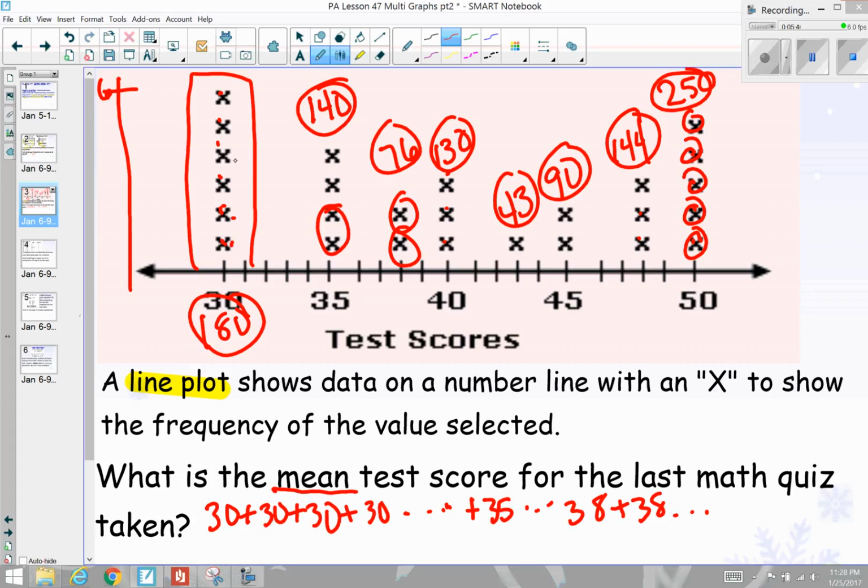So 1, 2, 3, 4, 5, 6, 7, 8, 9, 10, 11, 12, 13, 14, 15, 16, 17, 18, 19, 20, 21, 22, 23, 24, 25, 26. Once we got our answer on top, we would divide it by 26, and that value would give us our mean score. So go ahead and calculate that.